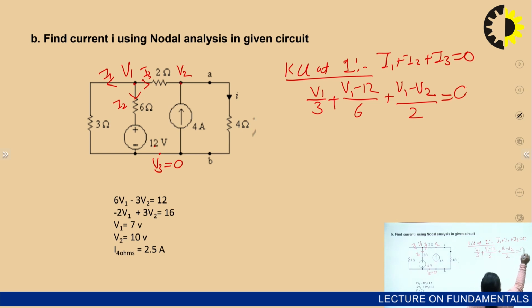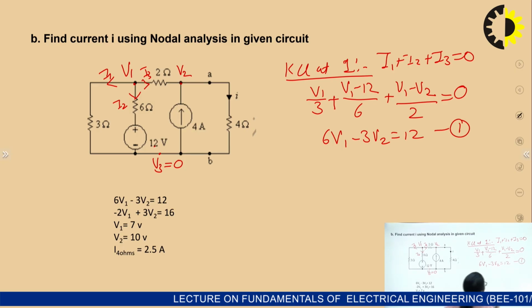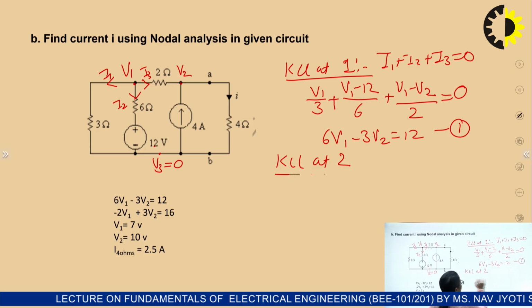Any more branch? No. So I1 plus I2 plus I3 is equal to 0. Now if I resolve this, the equation will be 6V1 minus 3V2 is equal to 12. Right? Similarly, applying KCL at junction 2.